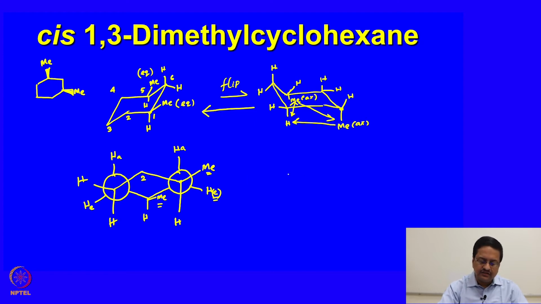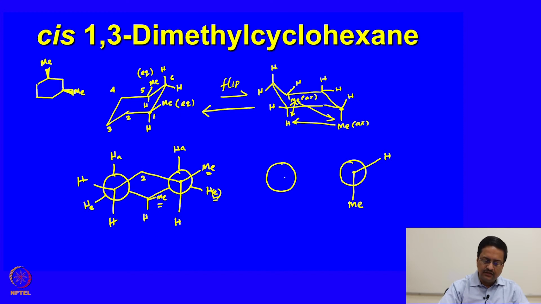Let us try to draw the other conformer in the Newman projection for our understanding. On the front carbon we have a methyl down, hydrogen. This connects to 3 like that.